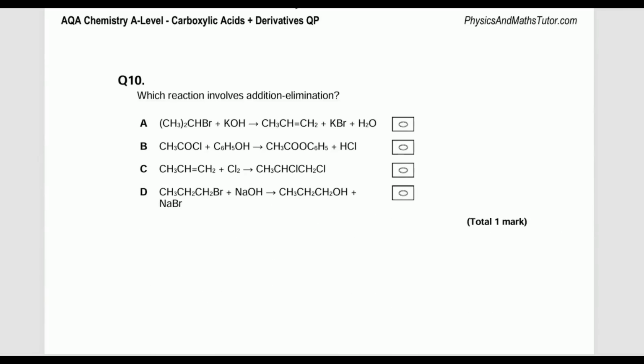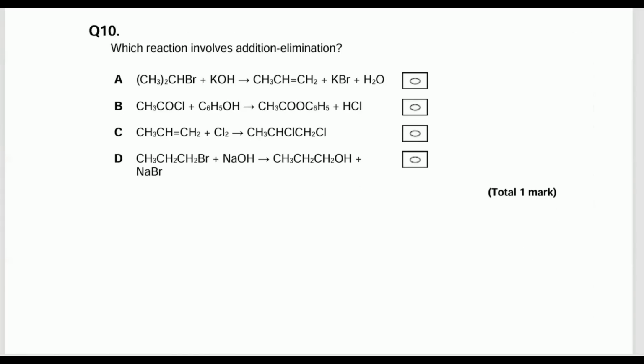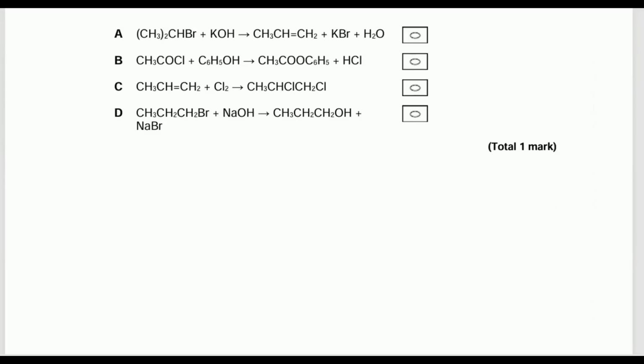Okay, last question, question 10. Which of these involves addition, elimination? So when we look at this, we can just look at these and quickly work out the mechanisms. So what have I got here? I've got a double bond forming. That means I've got elimination or dehydration, but there's no addition going on here. It's just straight up elimination.